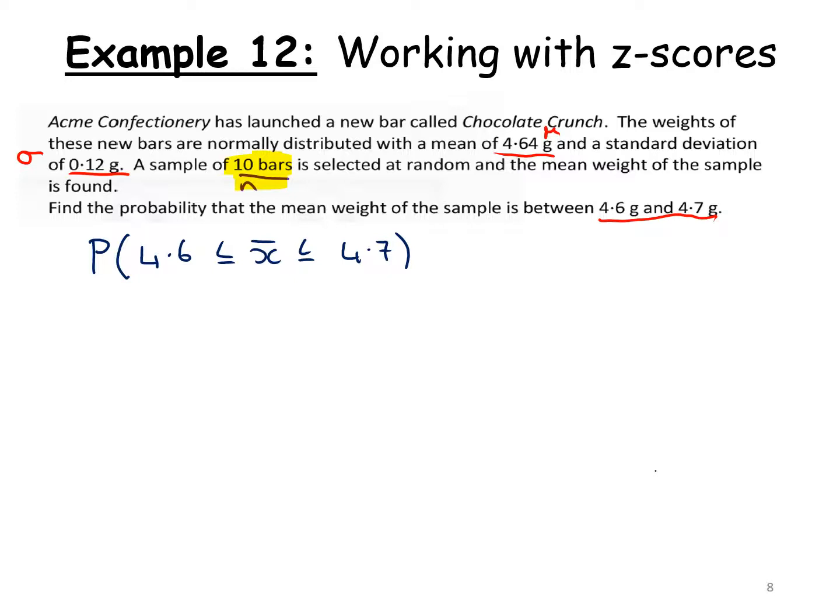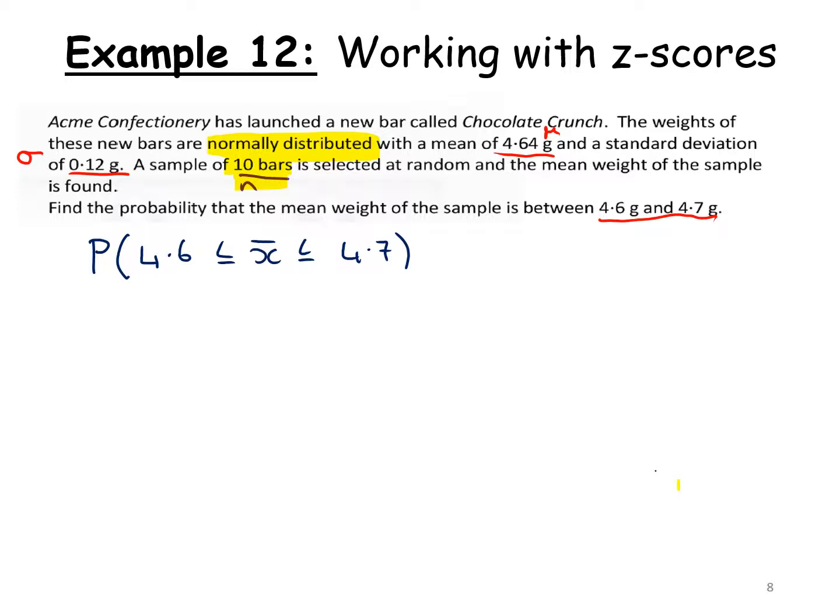Our sample size is only 10. So will I be able to use the normal distribution? The answer is yes, I can, because this is a special case: the underlying population we were already told is normally distributed. So the sample will be normally distributed regardless of sample size.